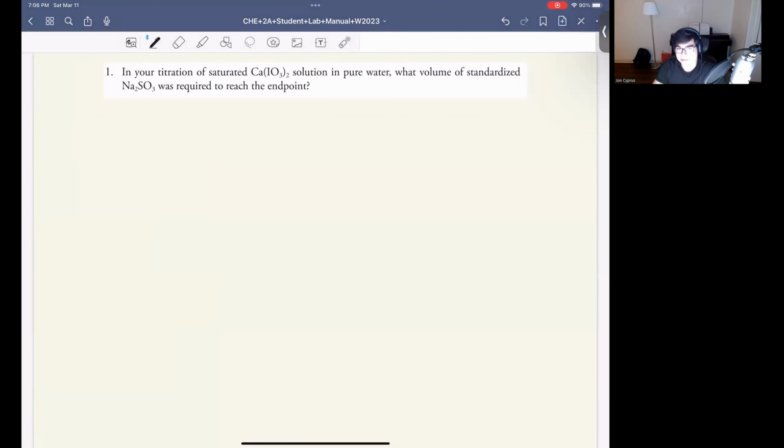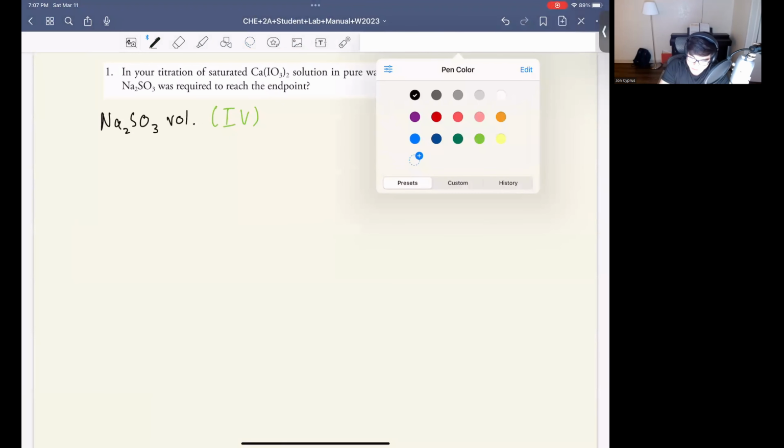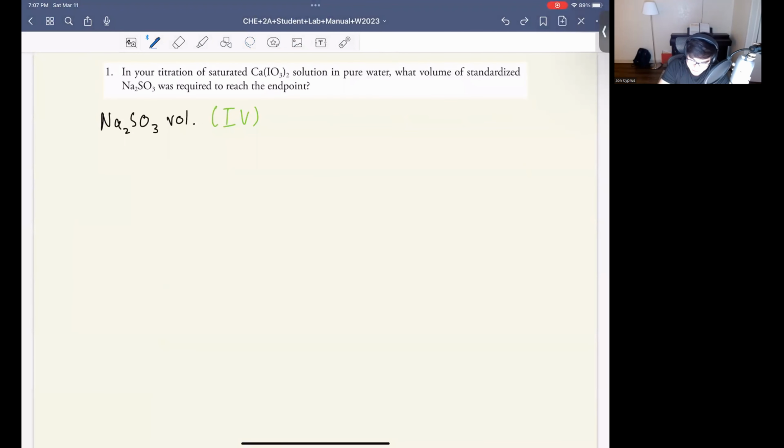All you have to do is write this down. I'm going to denote this Na2S2O3 volume as 4 because we're going to have to refer to it later. This is just from your data.